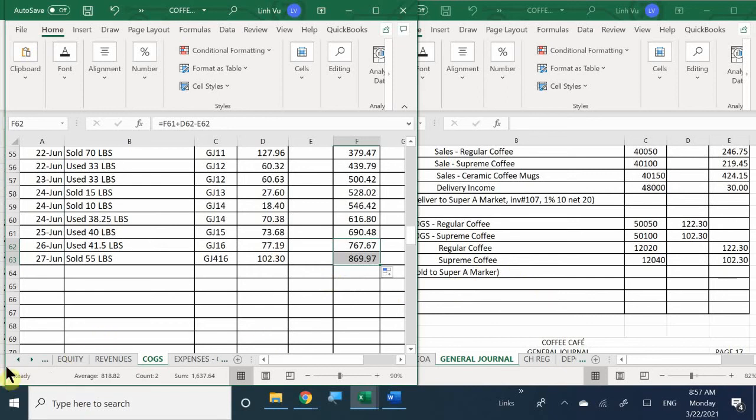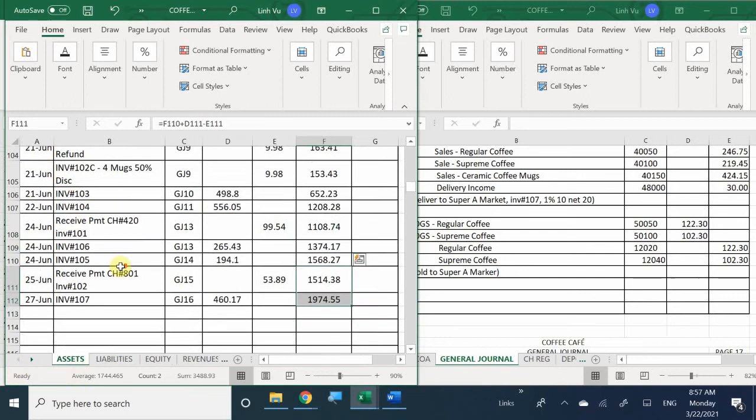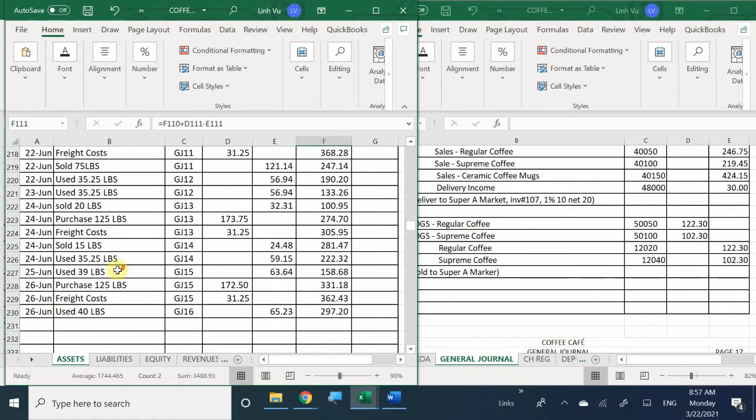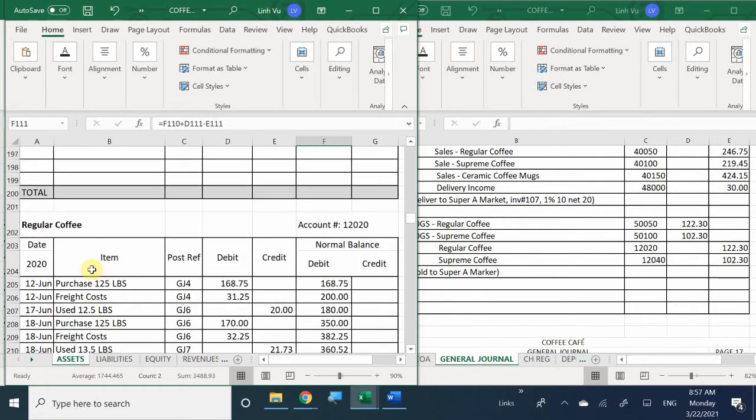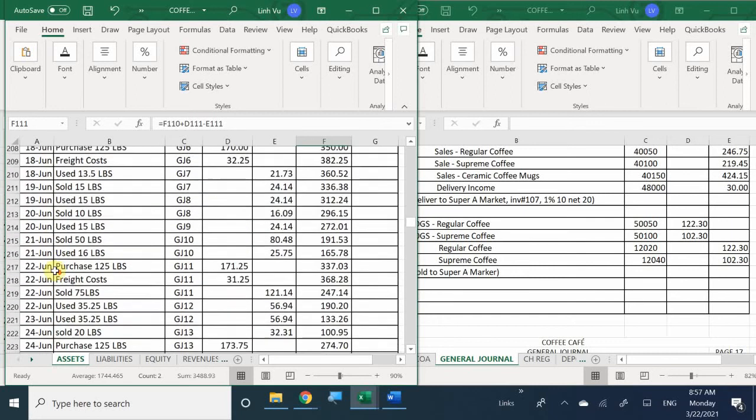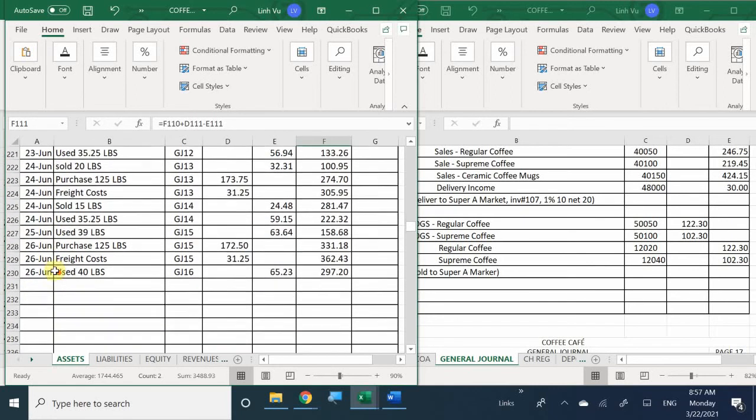Okay, now we're going to go to our inventory. We sold 75 pounds for 122.30.